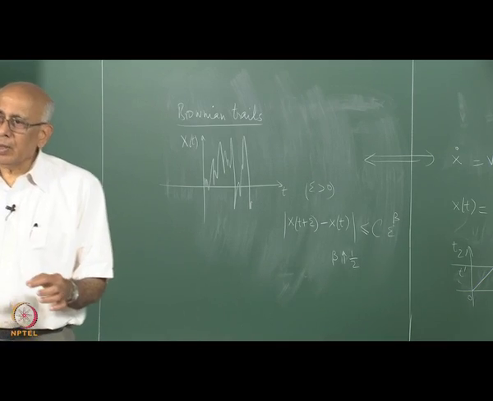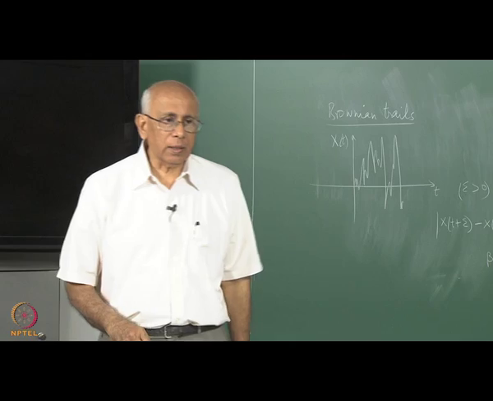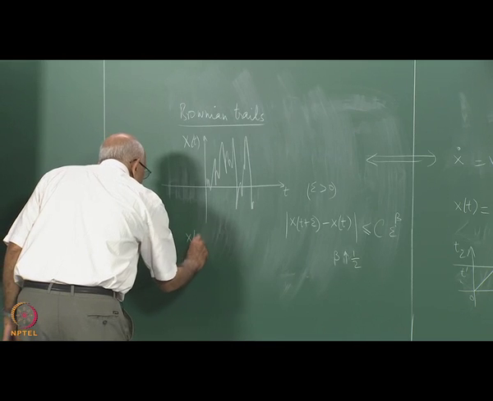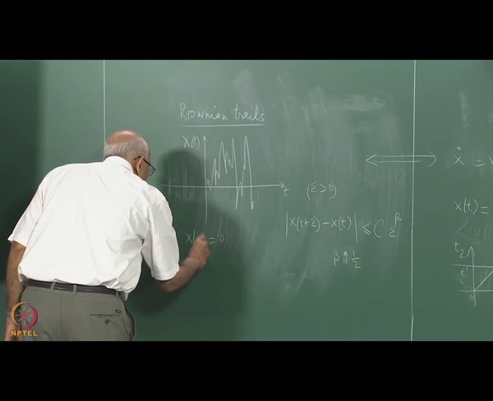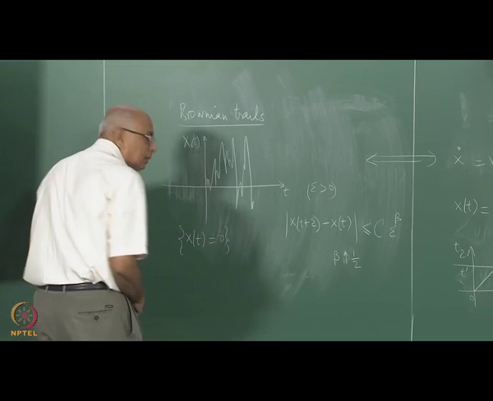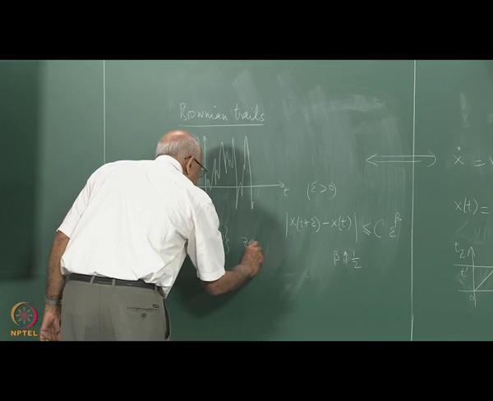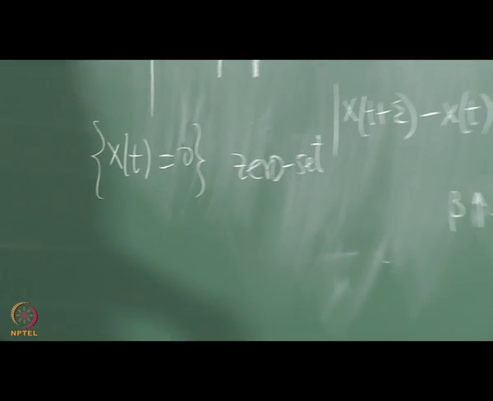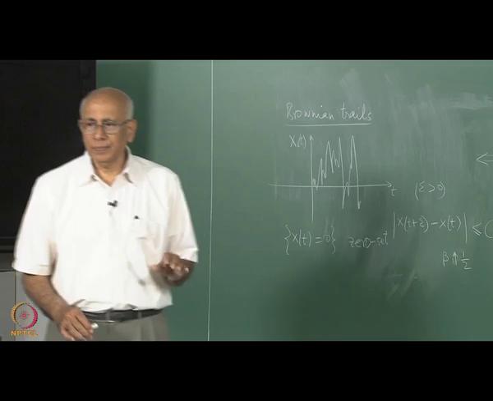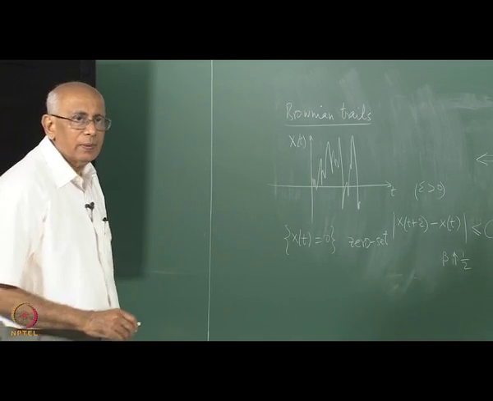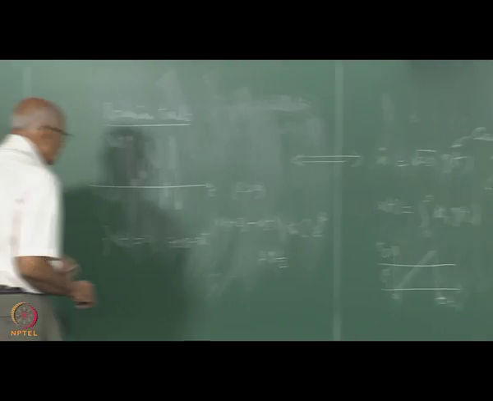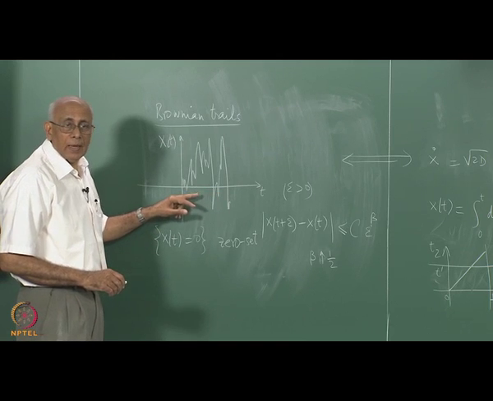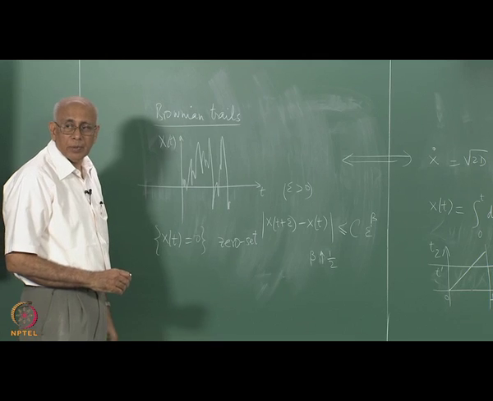So you start from 0 and you ask when does the particle come back to 0, etc. This 0 set, the set of points such that x of t is equal to 0, has a fractal dimension which is half in this case. That set is not countable, and its box counting or fractal dimension happens to be half.